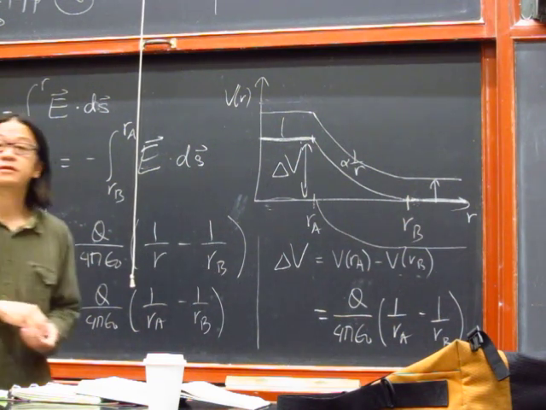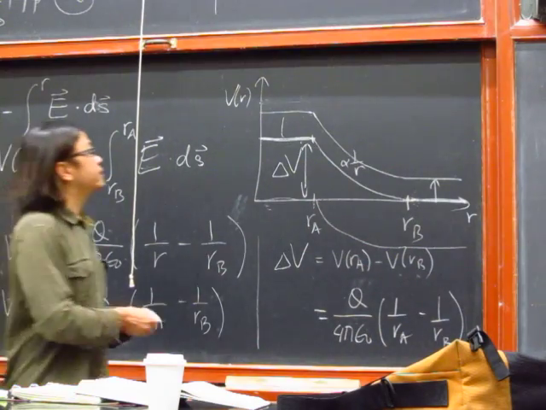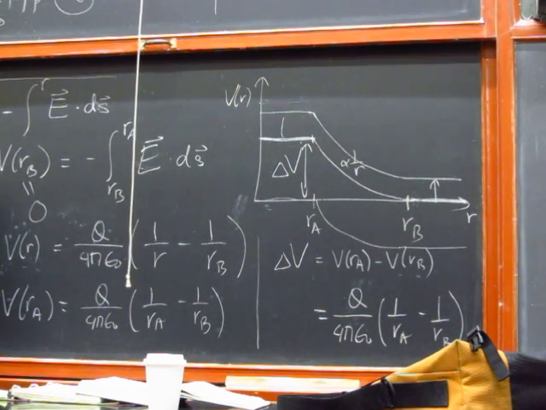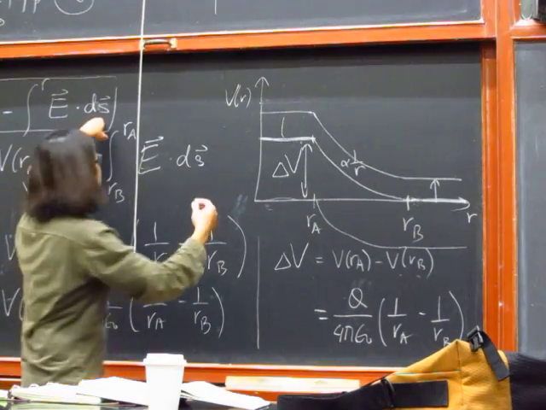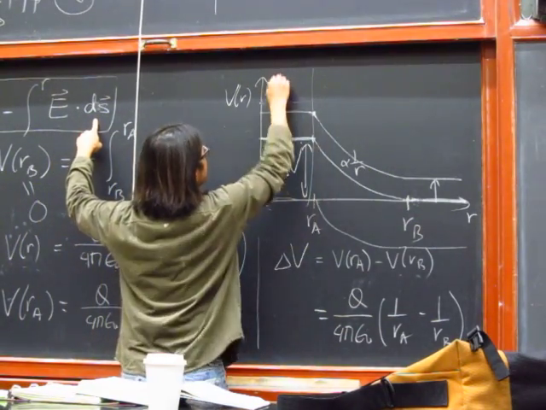So why is the potential constant inside the sphere when E is 0? Remember the definition of a potential: it's a line integral of the electric field times ds. Once I reach that point, in this region, the electric field is 0.